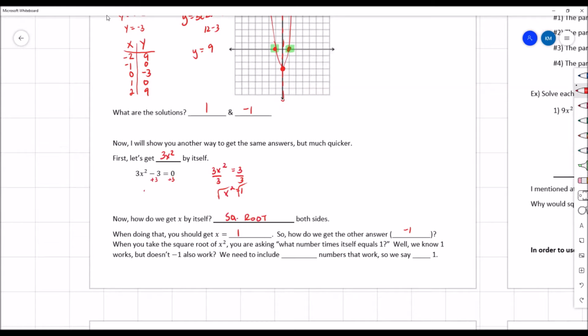Well, we know 1 works, but doesn't negative 1 also work? We need to include both numbers that work. So we say plus or minus 1. So for this answer, we say x equals plus or minus 1. That's our way of saying negative 1 and positive 1.